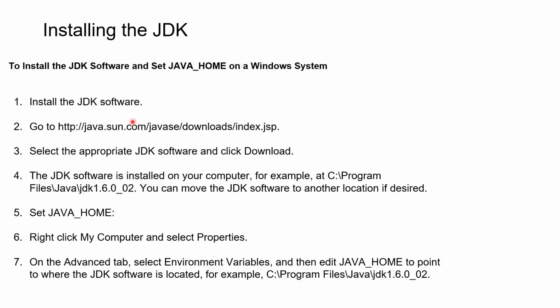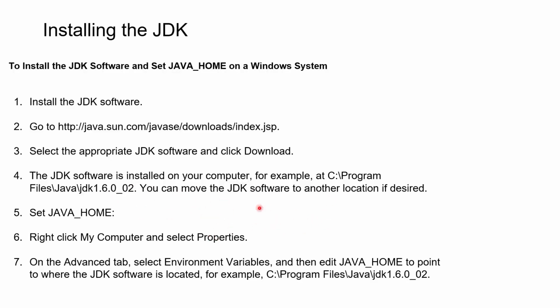First of all, we want to install the JDK software. There's a variety of links available to download Java software or the JDK, so go out and search and you can find a variety of links. We want to select the appropriate JDK to download based on your needs.